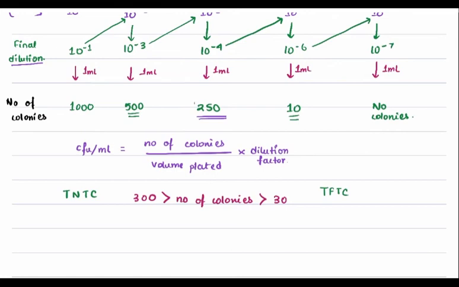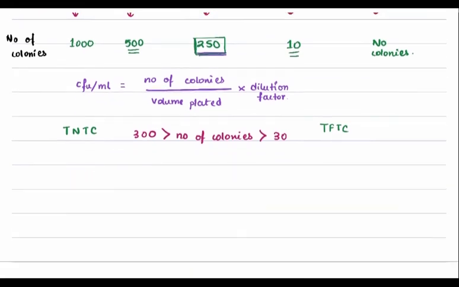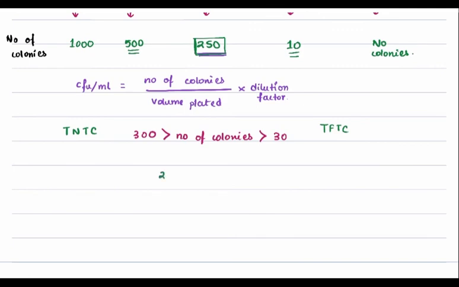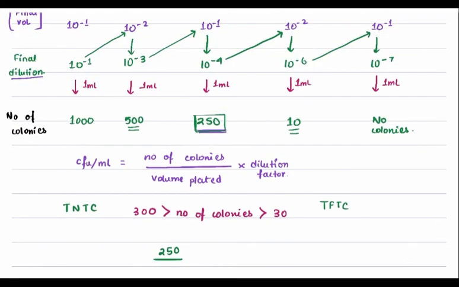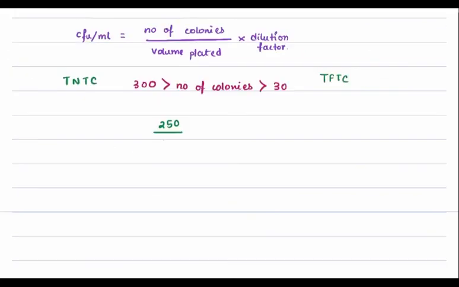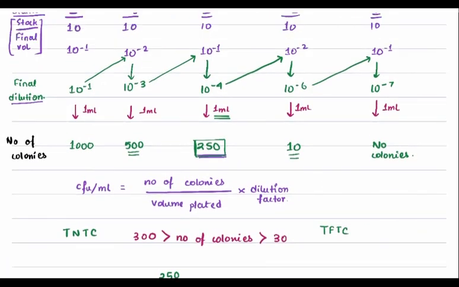So the plausible plate that we can take is this 250, and that is why the number of colonies in the calculation we are going to take to be 250, divided by the volume plated. We plated 1 mL of that dilution, so 1, multiplied by the dilution factor. Now what is the dilution factor?